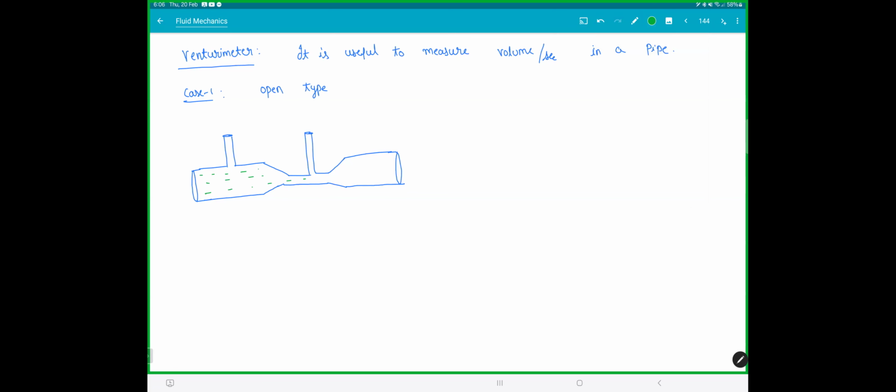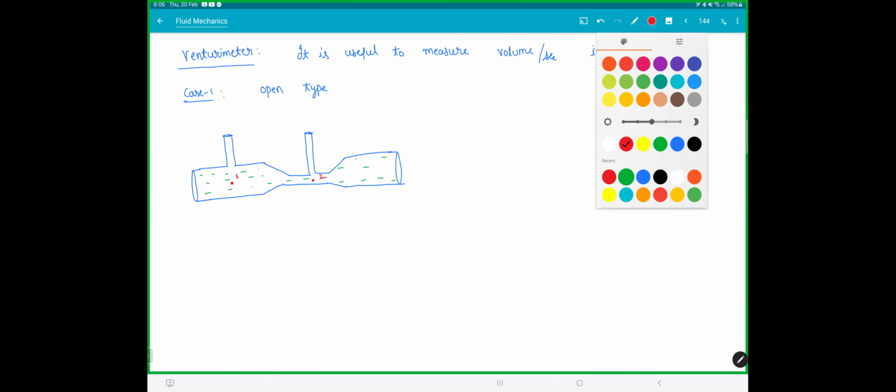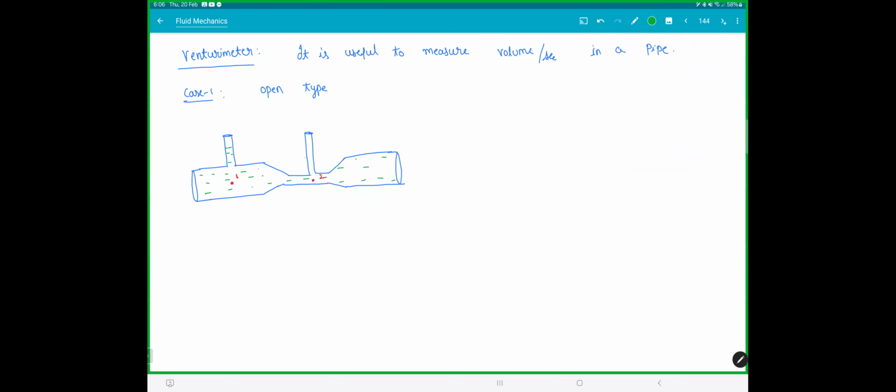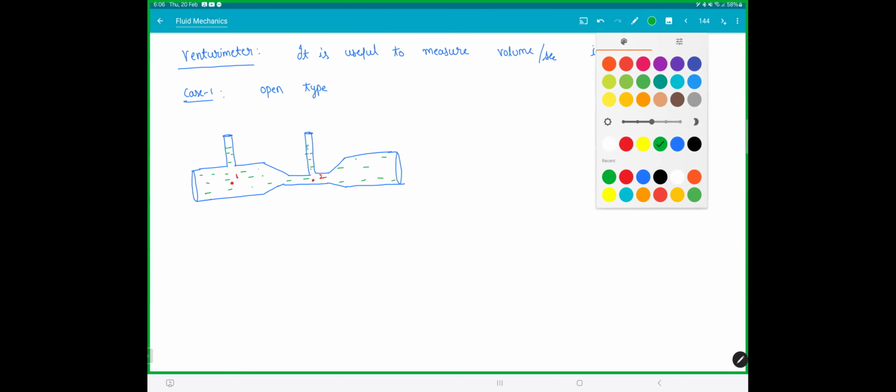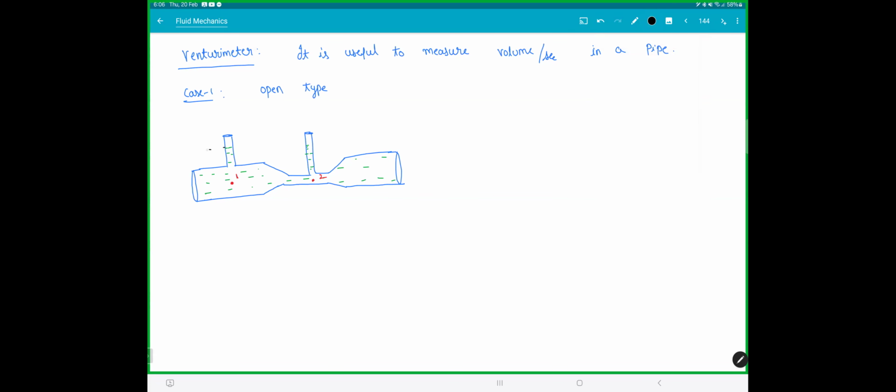So when the liquid is flowing through this, if you consider this point as one, and this point as two, and you look at the liquid level height here, if this is the height of the liquid level and this is the height of the liquid level, and let's say you measure it, sorry, that's H1, and if this is H2, can you tell me which one will be bigger, H1 or H2? Without any calculations, can you just see and tell which will be bigger?